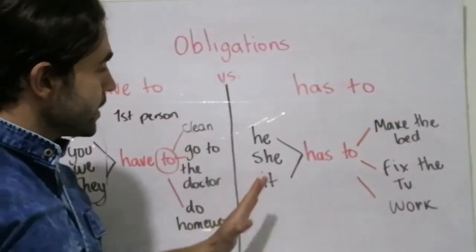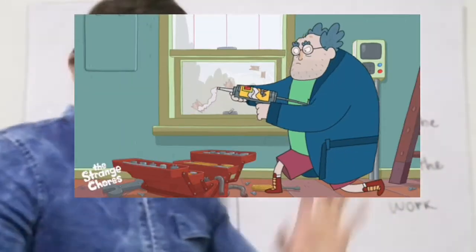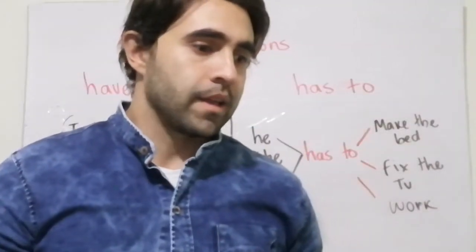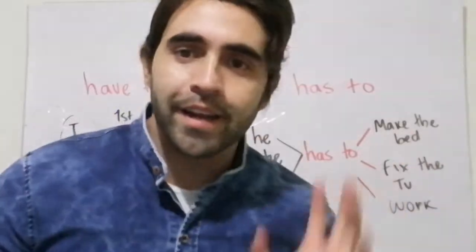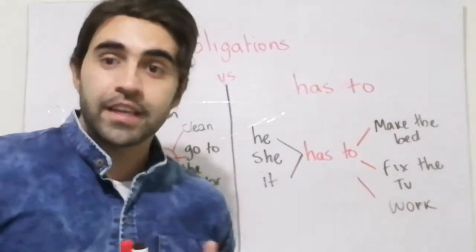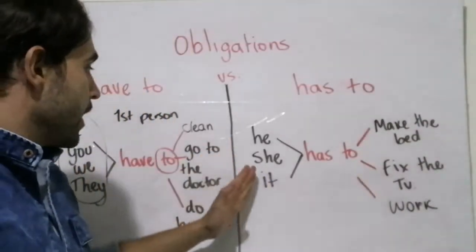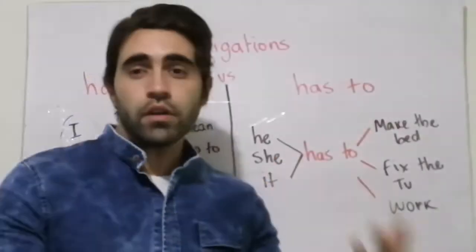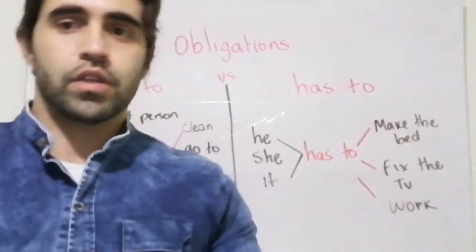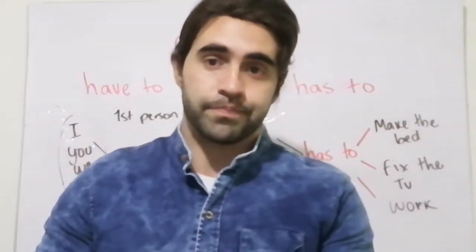Now, if I say she, we say she has to fix the TV. Probably Juana, yes, Juana has to repair the TV. It's her obligation. And it is not very common to use it with has to, because we usually refer to it as an object or an animal.